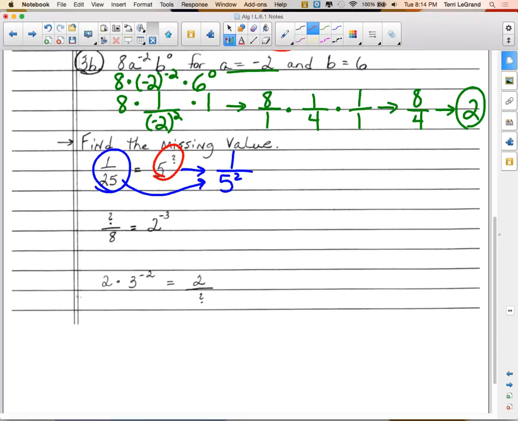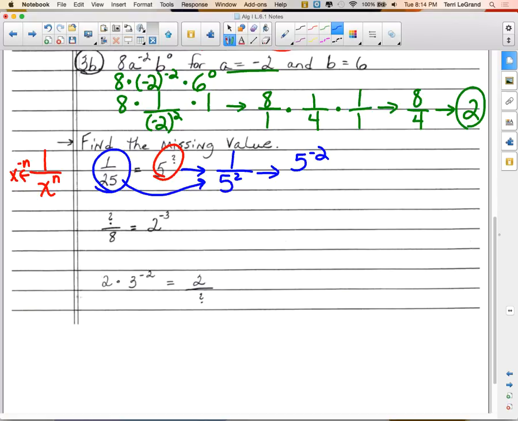So remember that rule up in the front that said if you have 1 over x to the n power, we can work backwards and that can become x to the negative n power. So this 1 over 5 squared could be rewritten as 5 to the negative 2 power.